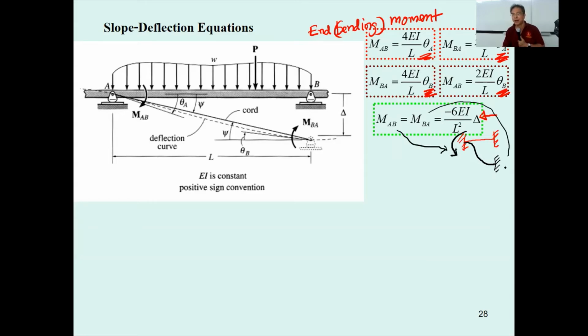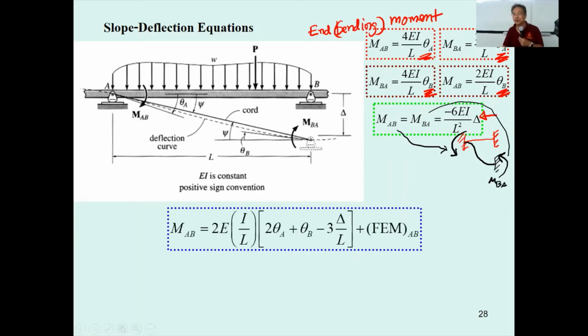And the moment that occurs here due to this kind of elastic curve, you may have this one bend like this, and this one is going to be M sub BA. The equation is going to be minus 6 EI over L divided by L square delta. This is going to be the fixed end moment for this statement, and we will use that fixed end moment later.